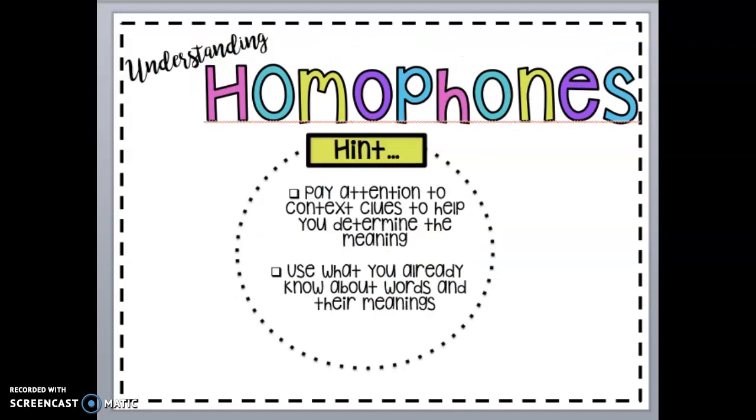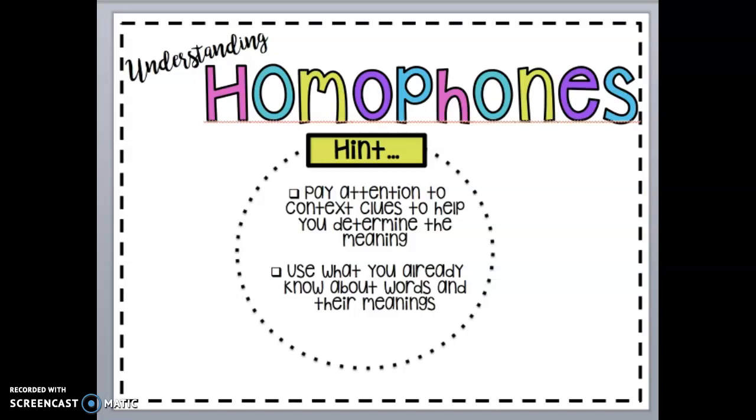Now, here's your weekly hint for homophones. You're going to pay close attention to the context clues that surround a homophone to determine the meaning. Okay, so same thing that we did for homographs, except now we're talking about homophones. And you're going to use what you already know about words and their meanings, because some of you are going to see these homophones and you're going to go, oh, I know what that already means.